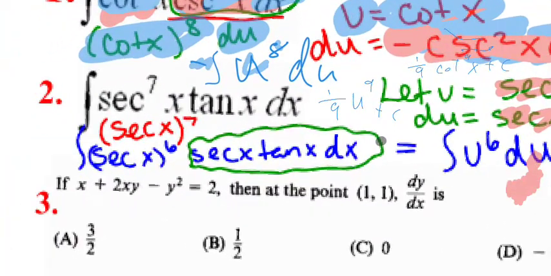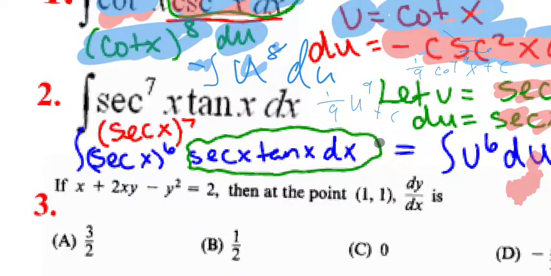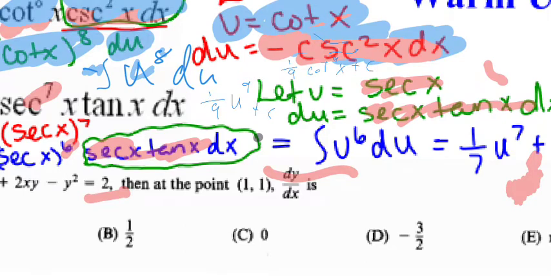But if you use this trick where you take one of those secants out of here, making it secant to the 6th, and attach that secant that you took out next to the tangent, then we have a perfect substitution. Because we said that du will now equal secant tangent of x dx, which is exactly what we have here.